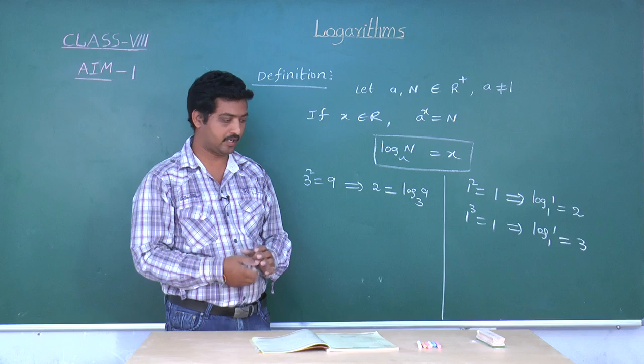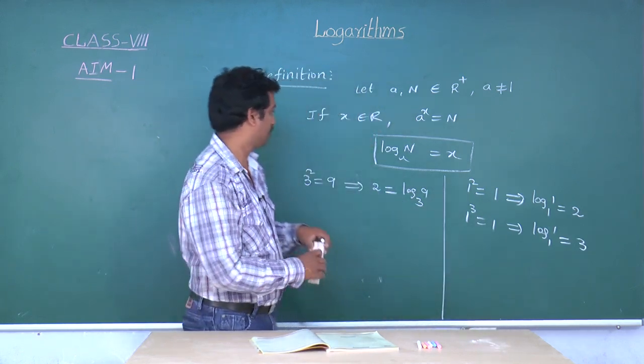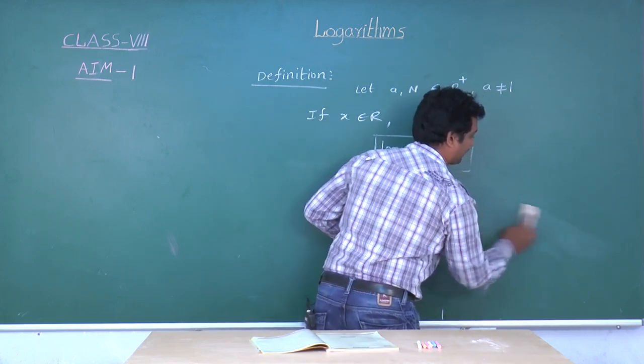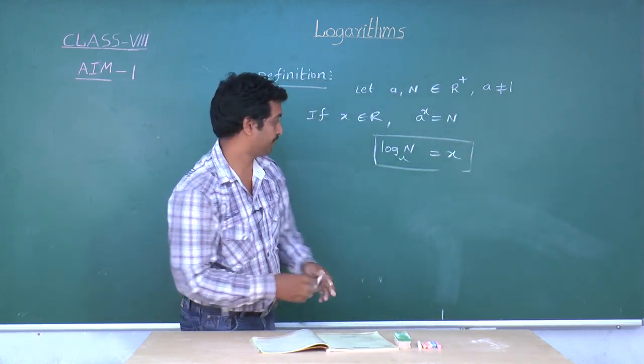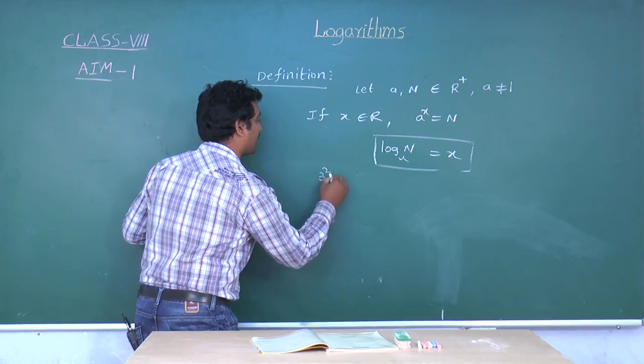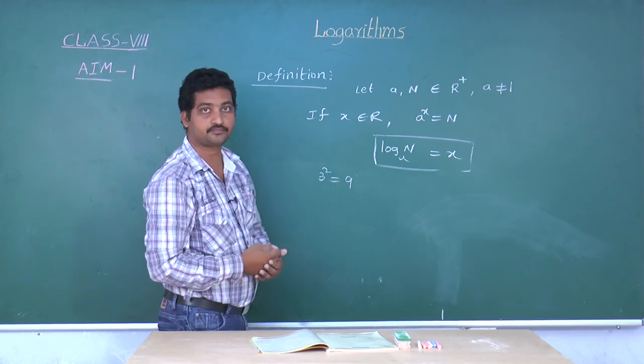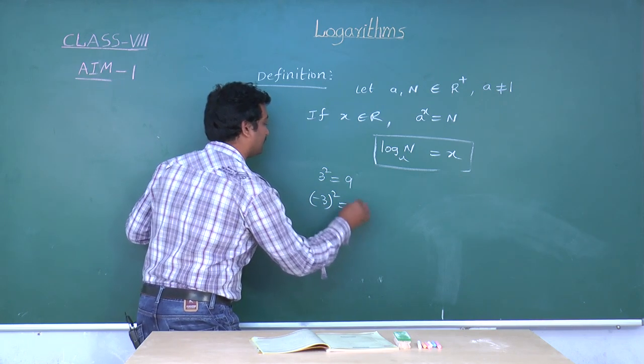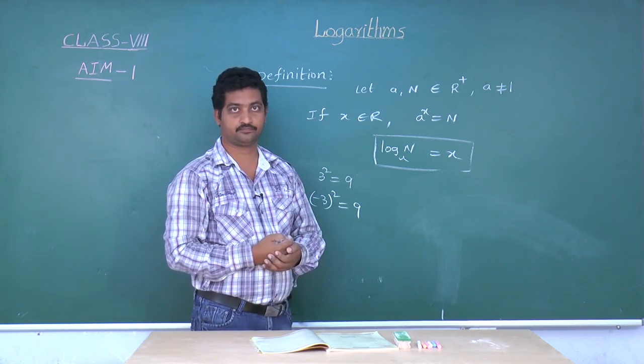Why? Because here also we can see 3 square is equal to 9. Minus 3 whole square is also 9.